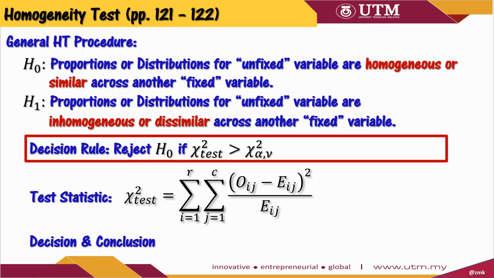In summary, a couple of similarities between the homogeneity test and independence test are, first, the rejection rule, and second, the choice of test statistic and critical value. In contrast, the differences between the two tests are obviously in how you state the null and alternative hypothesis and in how you write the conclusion.